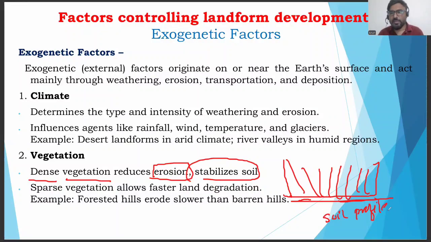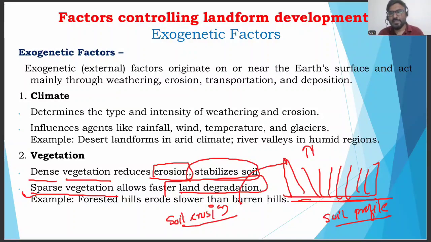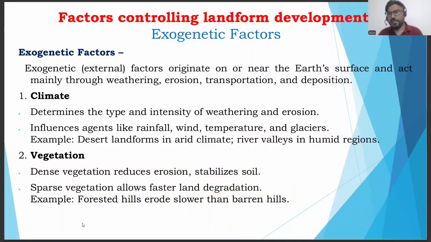And if there is sparse vegetation, a scanty amount of vegetation, it will allow faster land degradation. Means, friends, the land degradation or soil erosion processes increase if the vegetation is sparse. Is that clear? Okay, so these are the important factors.